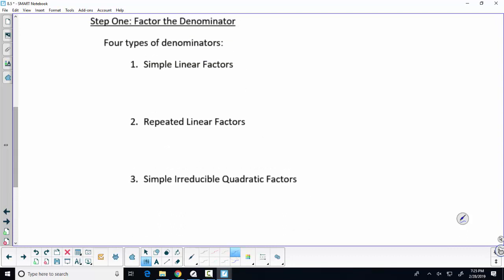So examples of simple linear factors would be x, because when we see x as a factor, it's x minus 0, a simple linear factor, x minus 1, x plus 4, etc. 2x, we can put some more in here. 5x plus 4, whatever.